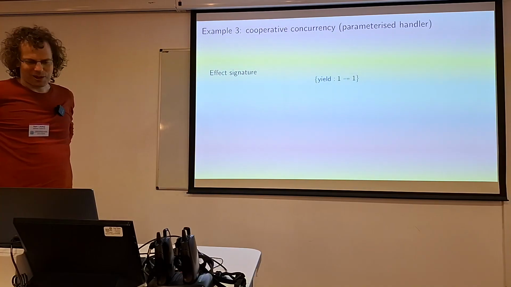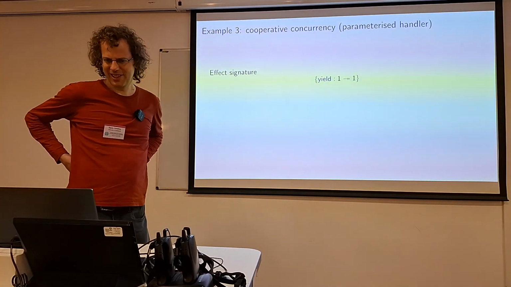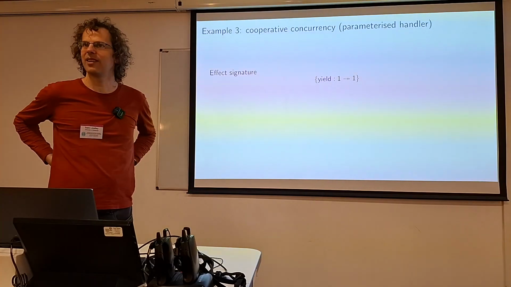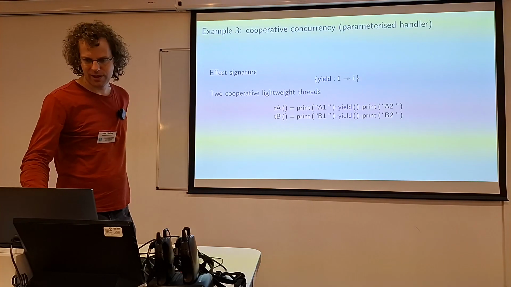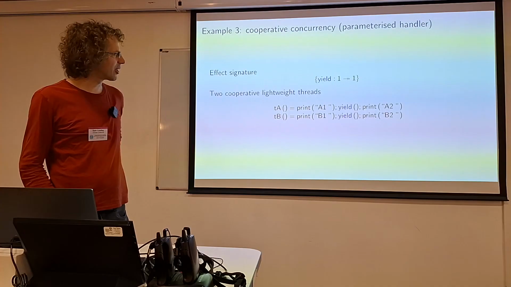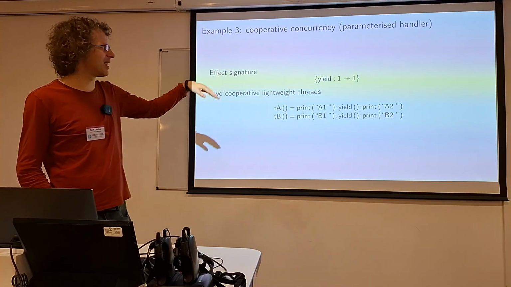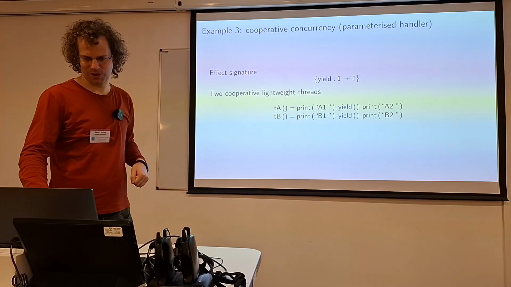Okay, this is another example we've seen before. Cooperative concurrency, where we have threads that can yield control, and yield doesn't take any payload. It just says, I want to yield control.